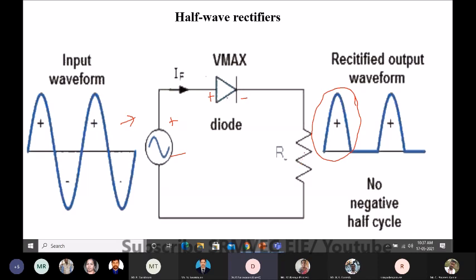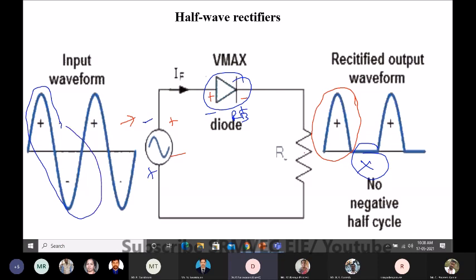Whereas the negative half, what happens? When it is negative, the diode is reverse biased, so it is in the cutoff state, so the waveform is not available, and we have the output only when it is forward bias. That is, the positive half cycle alone is available. So it is called half wave. Out of the full wave we have only this part, so it is a half wave rectifier.